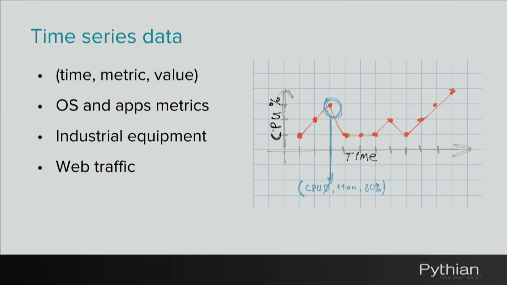Because it describes so many processes in the real world, and you can use it anywhere from monitoring applications to collect data about how your system behaves, to industrial equipment and sensors that monitor pressure and temperature, to even collecting web traffic and events from your applications. But again, the concept is very simple, very descriptive, and that's why I think it's really important to have databases and storages that can efficiently deal with this data.